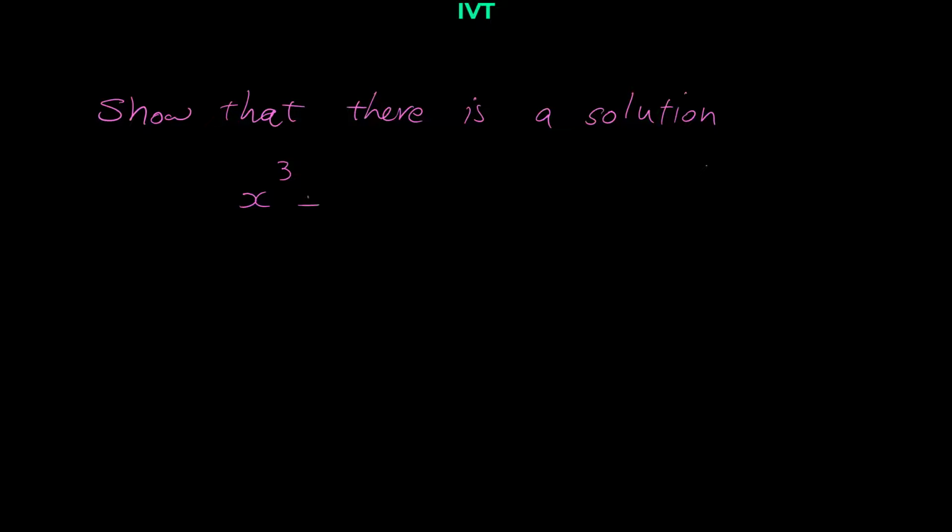Show that there is a solution for this equation: x to the 3 plus 4x minus 10 equals 0 between 1 and 2.